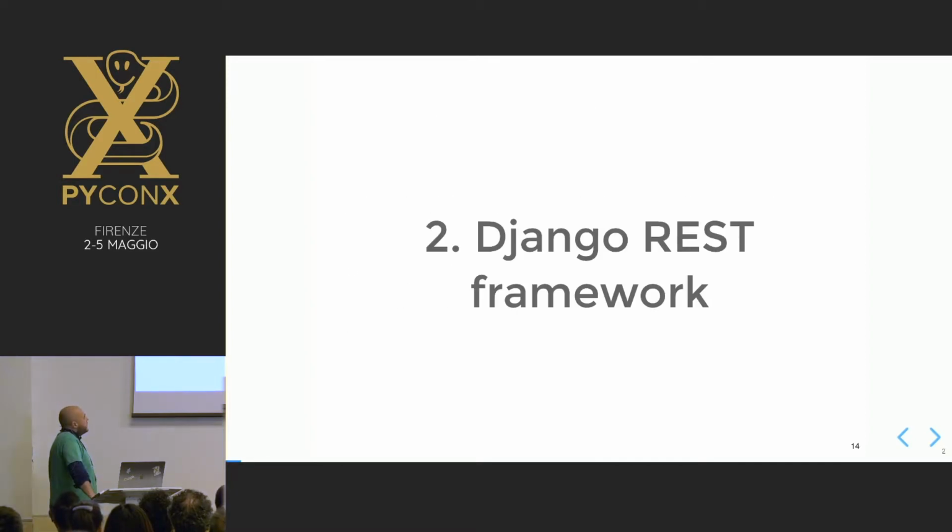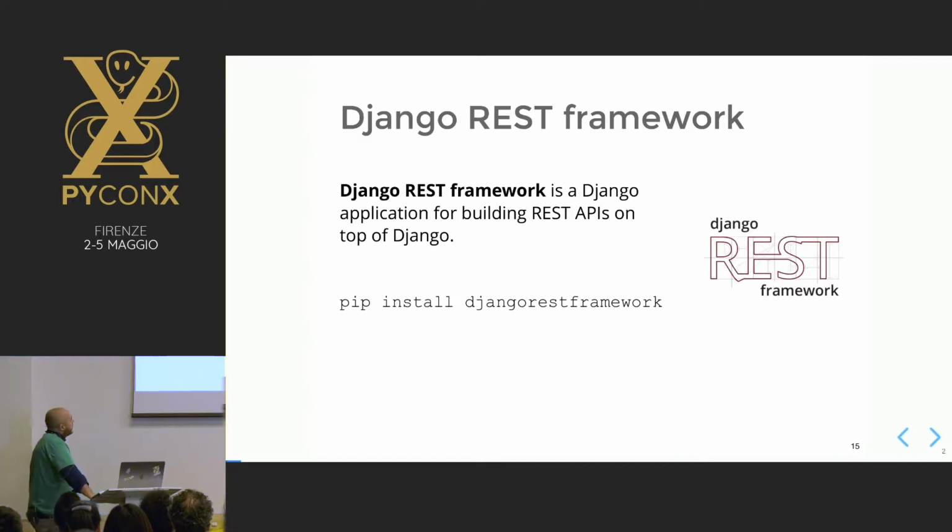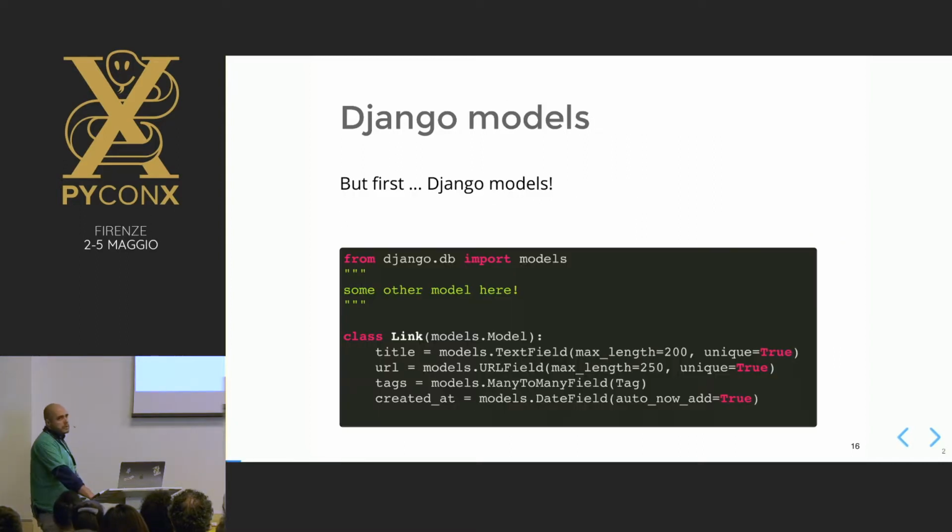Django REST framework. Django REST framework is really nice. It's a Django application for building REST APIs on top of Django. You can install the package with pip install djangorestframework. Before going further, we should talk a moment about Django models, because Django REST framework builds upon Django applications.